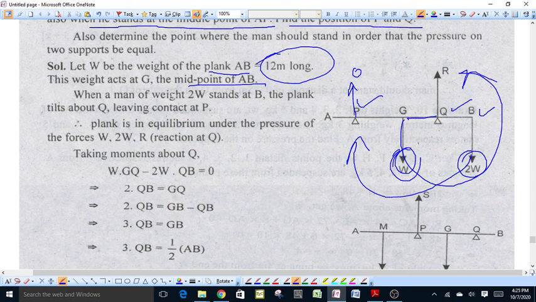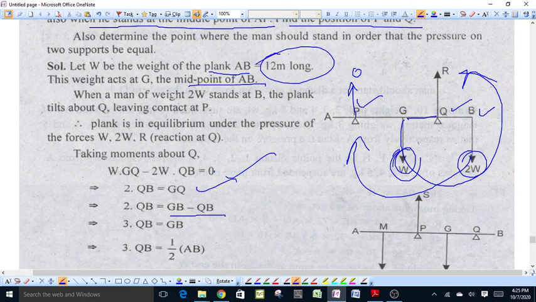Therefore, W into GQ minus 2W into QB, because the system is in equilibrium, so the net moment is equal to 0. From this we have 2 QB is equal to GQ, that is 2 QB is equal to GB minus QB.